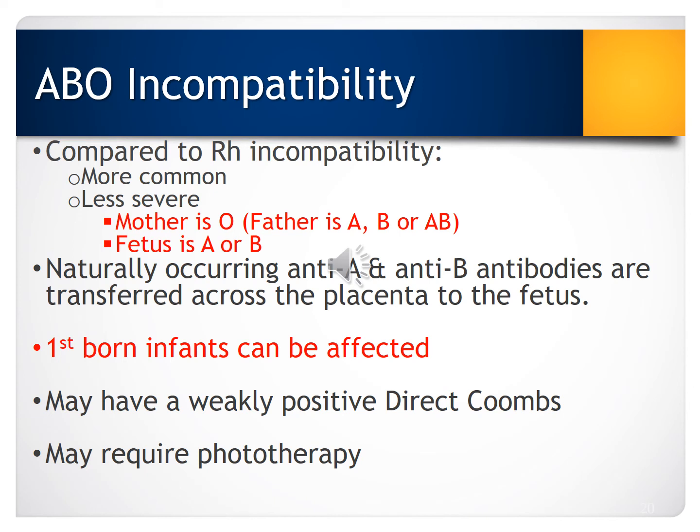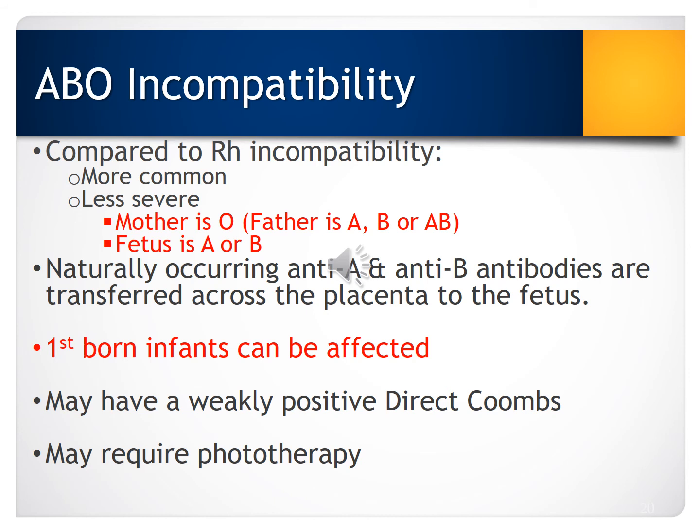However, it's less severe than an Rh incompatibility because the fetus's blood type is less expressed, meaning those antigens, regardless of their blood type, are weak, and so it doesn't signal to the mom's blood in utero to start producing antibodies.